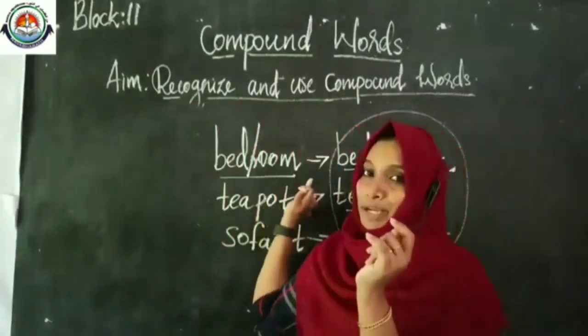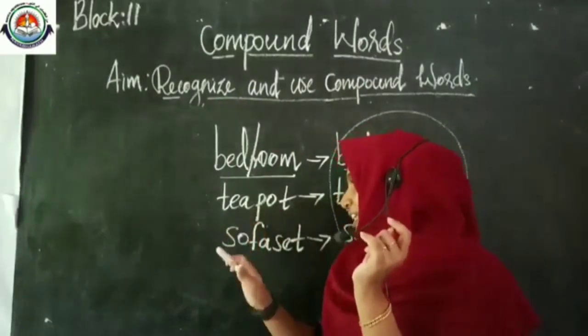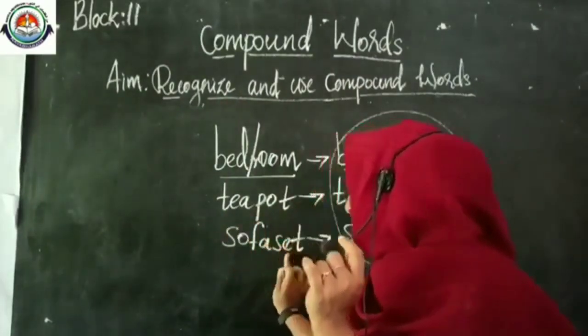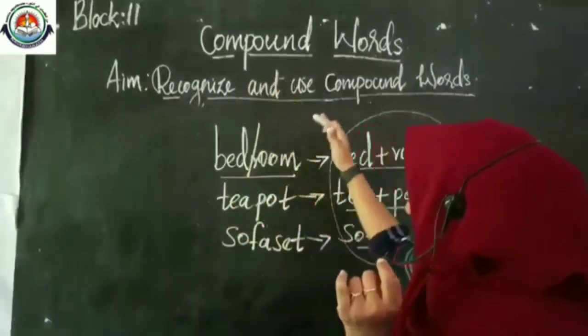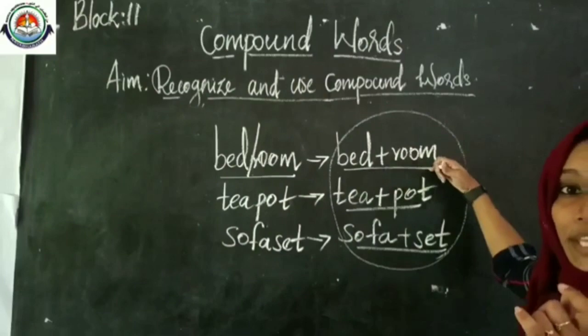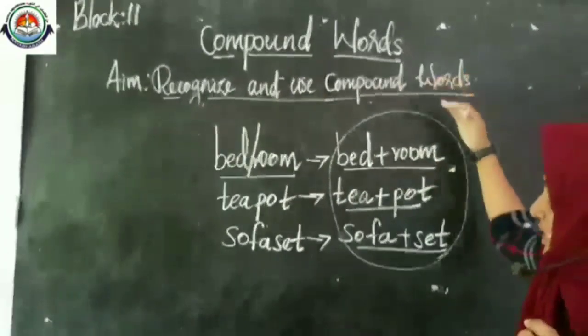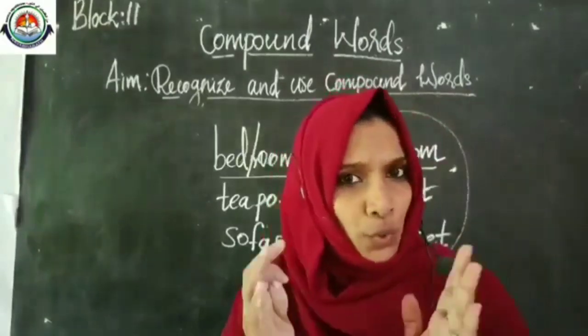That is the bedroom. And teapot, it is the pot of tea, and sofa set, it is the set of sofa. So that is why we can divide these words into two meaningful words. So all these words are called compound words.